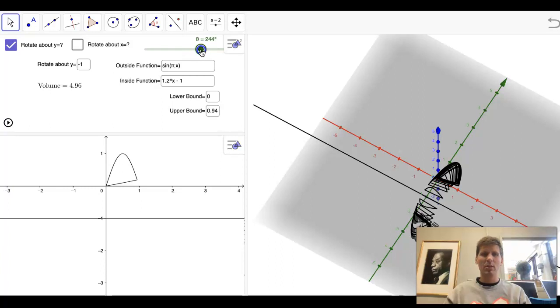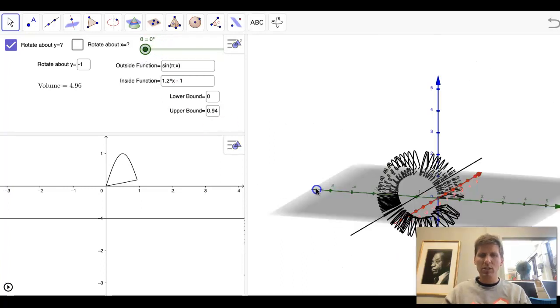Okay, so I'm doing this rotation here. So now you can sort of see the shape.